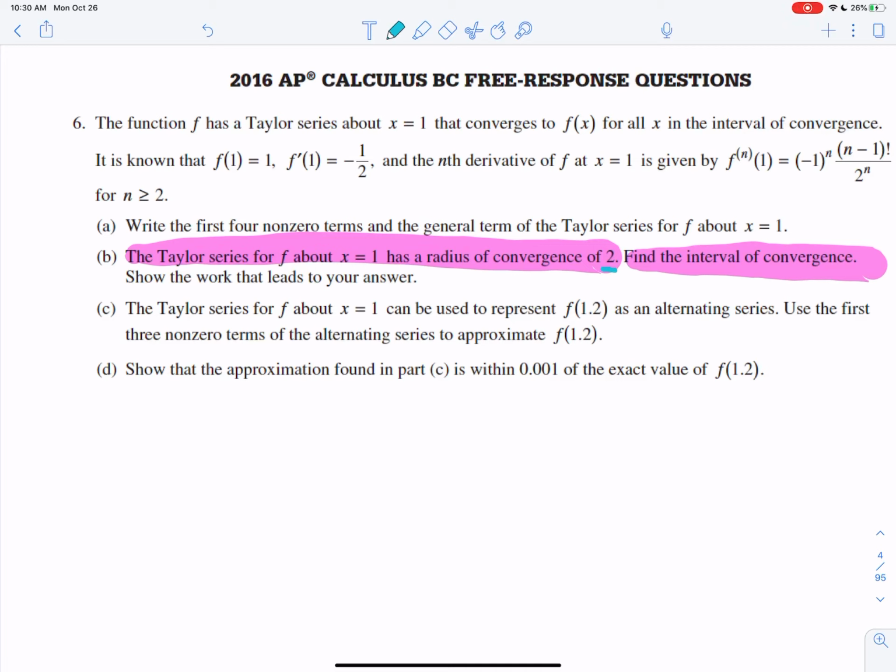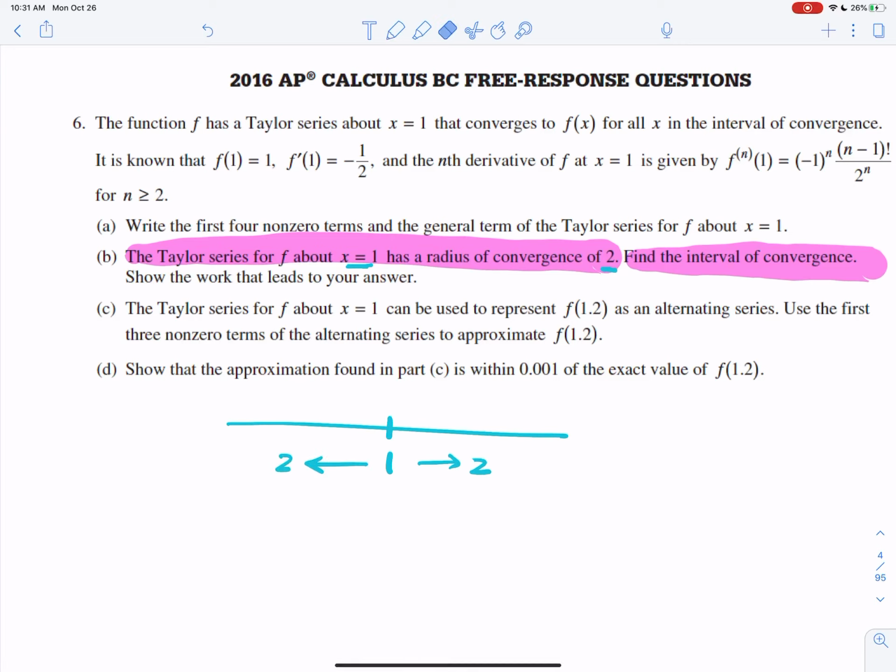The shorter way is assuming that you understand what it really means, what the interval of convergence is. So here, it's stating that when the series is centered at x equals 1, it has a radius of convergence of 2. So I'm going to draw your number line here, okay? If you're centered at 1, you're going to go 2 units out this way and 2 units out that way.